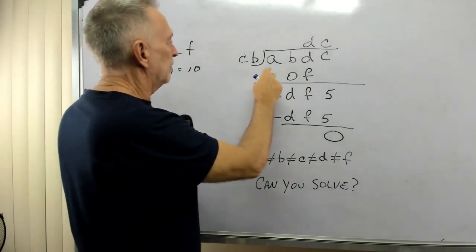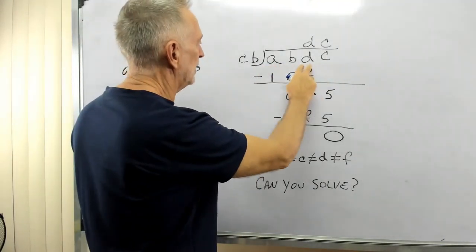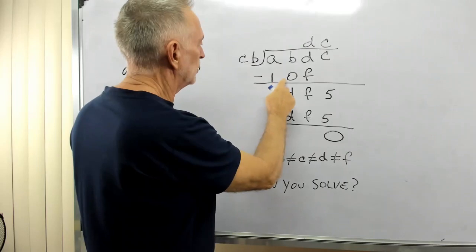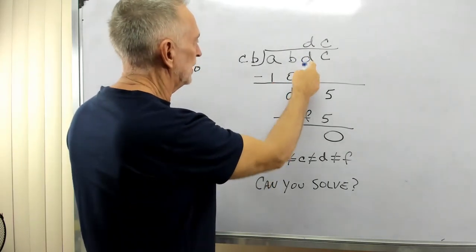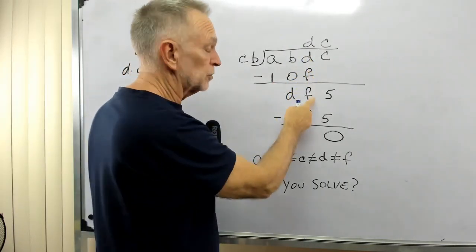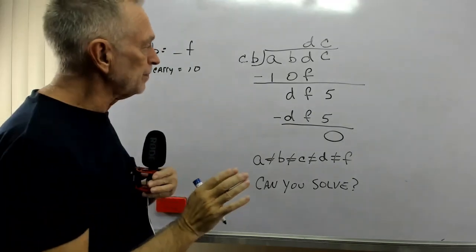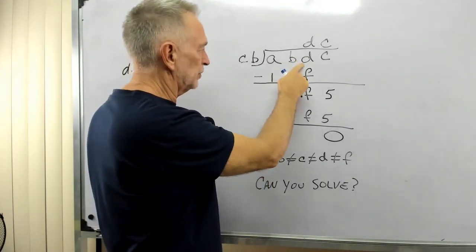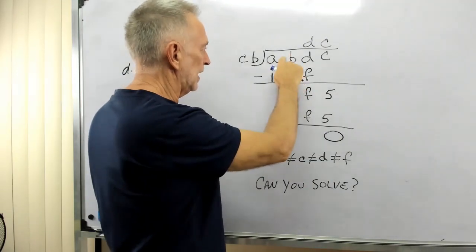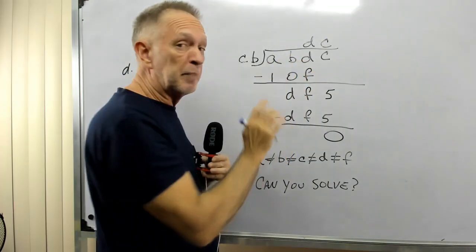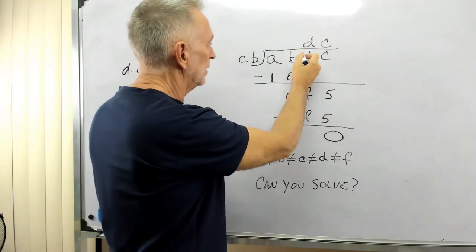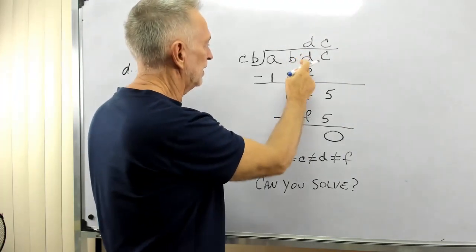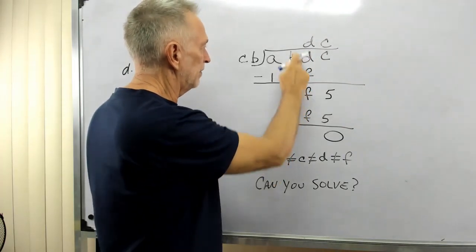But I would have ABD minus 10F. So D minus F gives me F. Now that's a key, because there's not too many options. For example, if this is 0, I'd have to borrow one from the B to give me a 10, for example 10 minus 5 is 5.